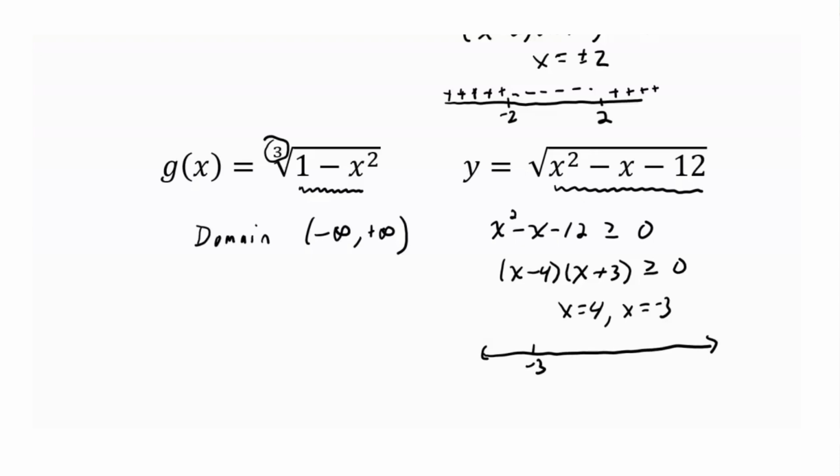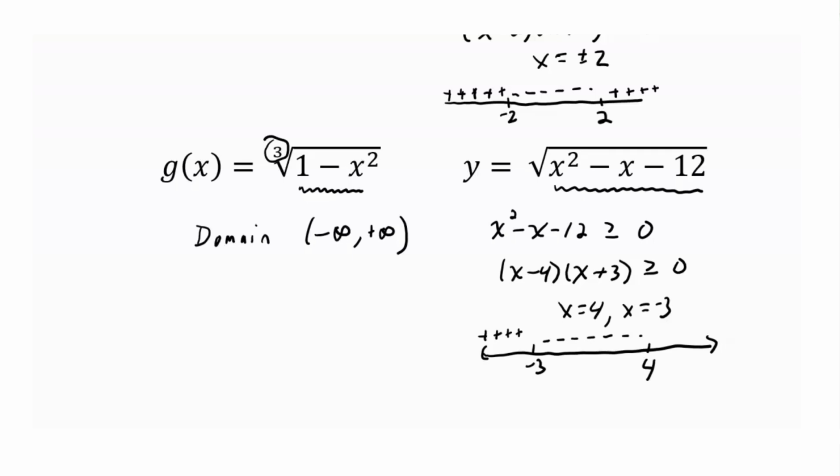So I have a -3, and I'm going to put a 4 over here. If I have a value less than -3, that would give me a negative times a negative, which would be positive. If I have a value between -3 and 4, let's say we plug in 0, that would give me a negative times a positive, so that would be negative.